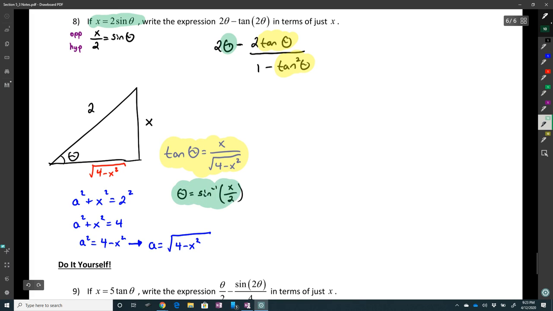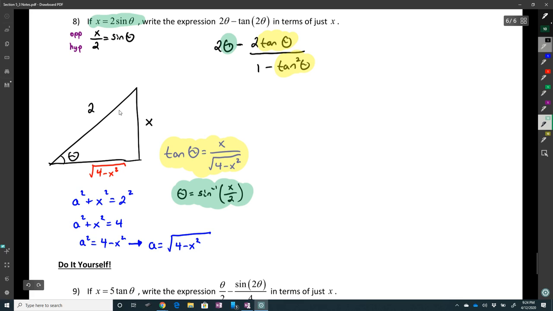So that's what theta is. Now it can be any of them. I could have said inverse cosine of this over 2, or inverse tangent of x over that. But usually you go with what they gave you. Since they gave me sine, for theta, I'm going to do inverse sine. If they had given me cosine, I would do inverse cosine.